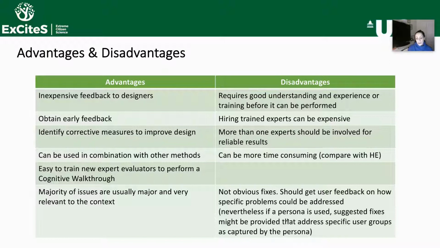You should get user feedback on how specific problems could be addressed in order to match the user requirements and needs. But of course, the suggested fixes which are provided might address the specific user groups as those are captured by your personas.